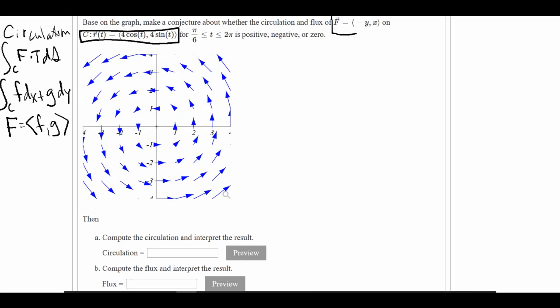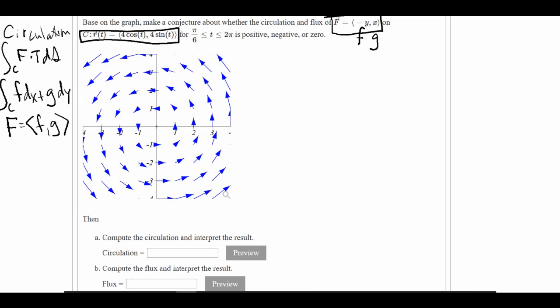Here's our field. And so what we need to do is to take the field and use f for the first component, g for the second component. So when we have the field f comma g, that's what f and g are.